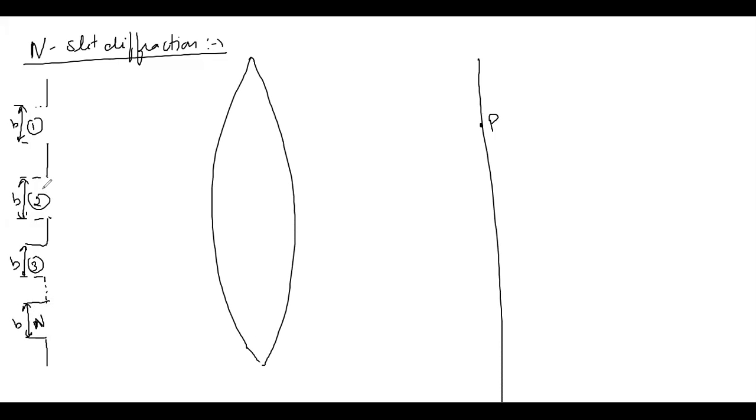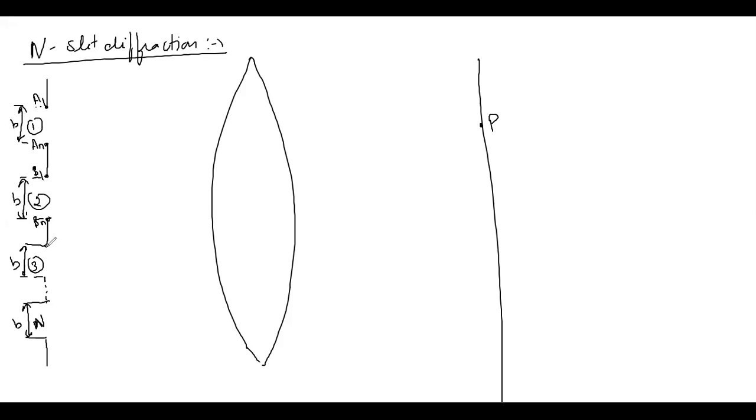So as we did in the case of single slit or double slit, each one of these slits you can again divide into small n number of points. Let's say this is your first slit, this is your second slit. And since all the slits are of the same size, the number of points into which you are going to divide these slits is also going to be the same.